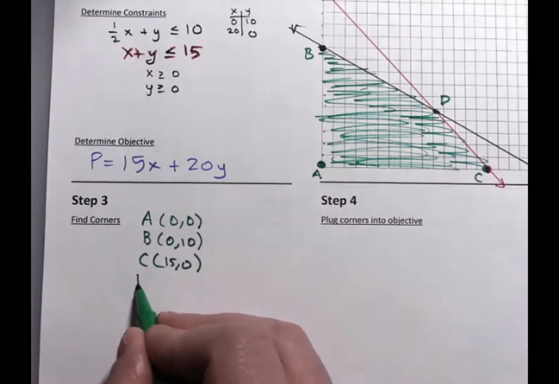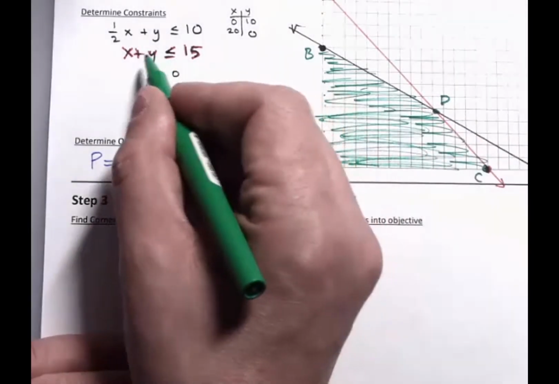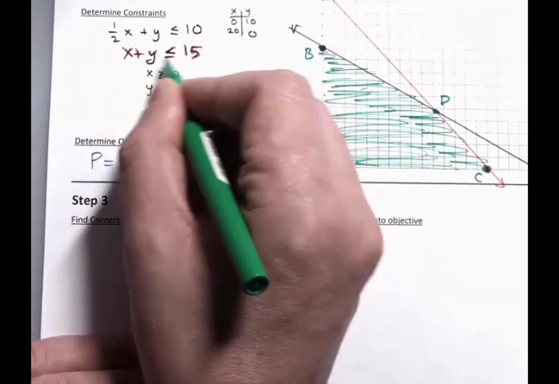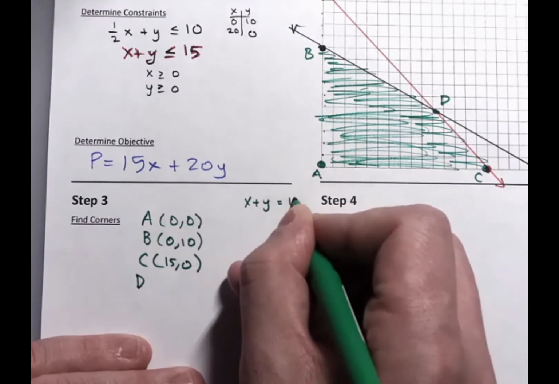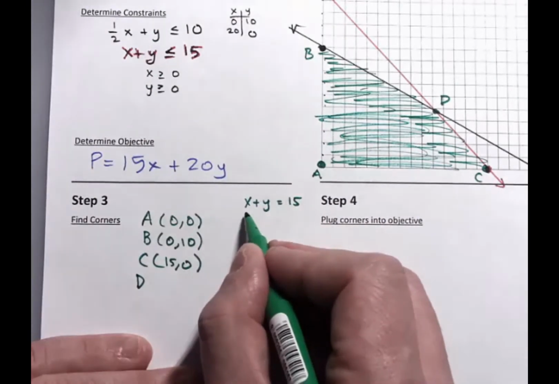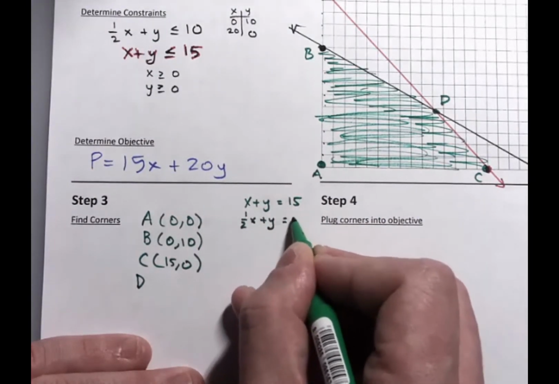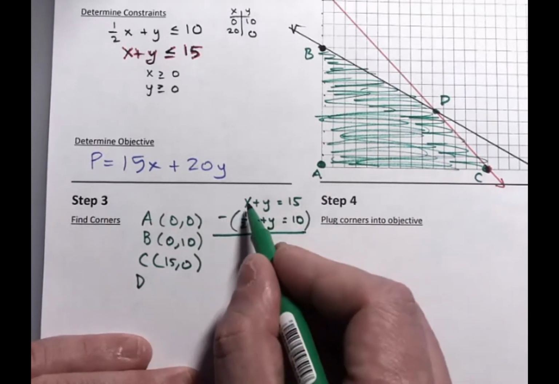And then D is the only one that really takes any work because that's where the red line intersects the black line. So remember, the red line is x plus y equals 15, and the black line is half of an x plus a y equals 10.